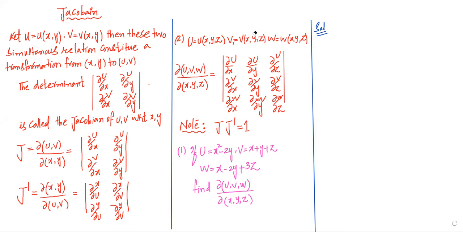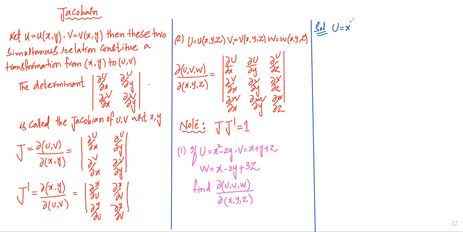According to the formula, we require the Jacobian of u, v, w with respect to x, y, z. We have to differentiate u with respect to x, y, z, and similarly v and w also with respect to x, y, z.